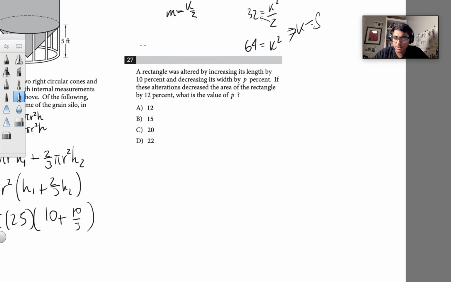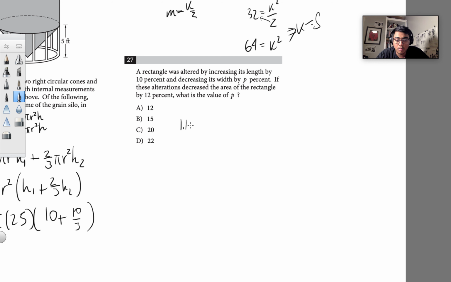Okay, a rectangle was altered by increasing its length by 10% and decreasing its width by p%. If these alterations decrease the area of the rectangle by 12%, what is the value of p? Alright, so we could use variables, but we don't have to. We just know that it increased its length by 10%.